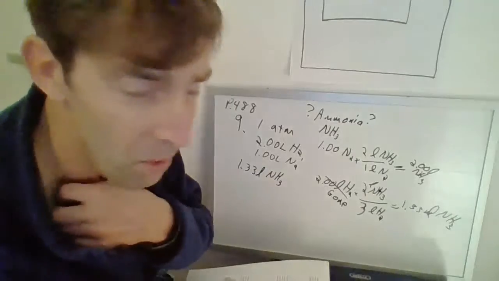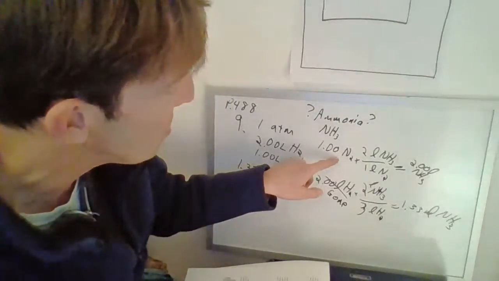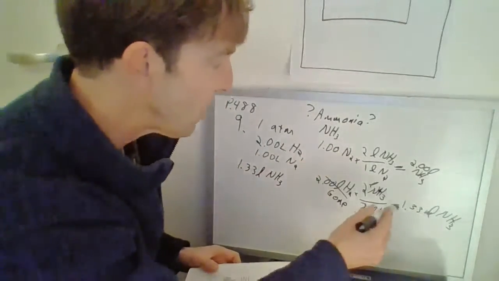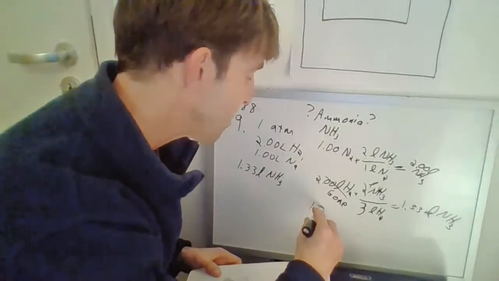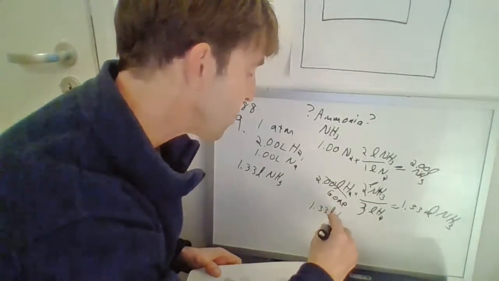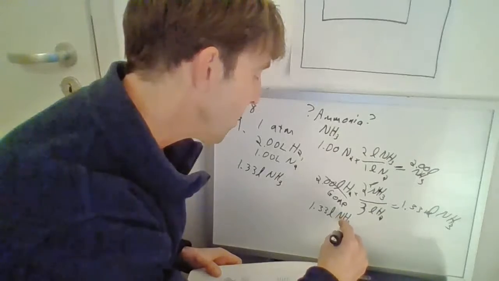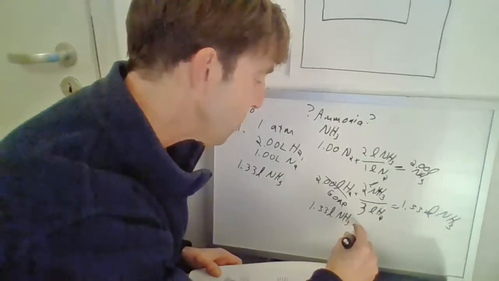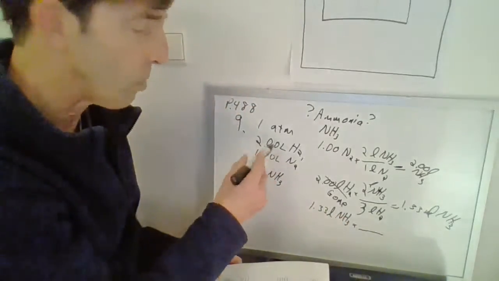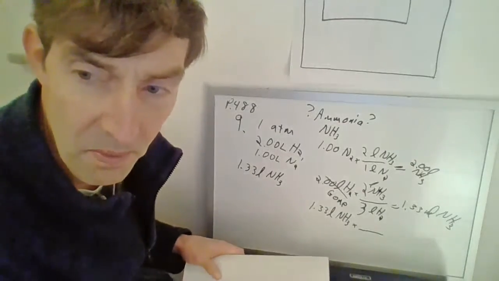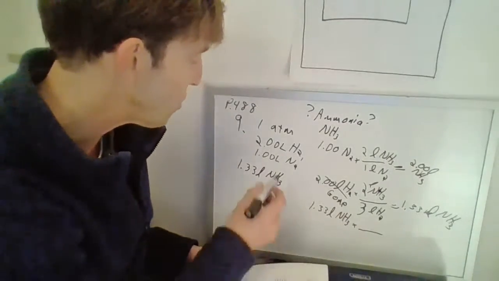But now we got a new problem. We got to figure out how many liters of this stuff is left. So let's take this. Ready? 1.33 liters of NH3 times we got 2 liters of H2. We got to see how much H2 is left. Okay, how much H2 is left?